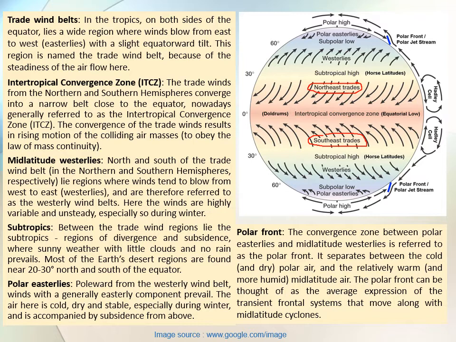So again, here you can see the wind is coming from southwest to northeast, the apparent movement path. For the southern hemisphere, the wind is coming from northwest to southeast. As the wind is coming from the west, it is named westerlies. The wind in this region is generally very dry.